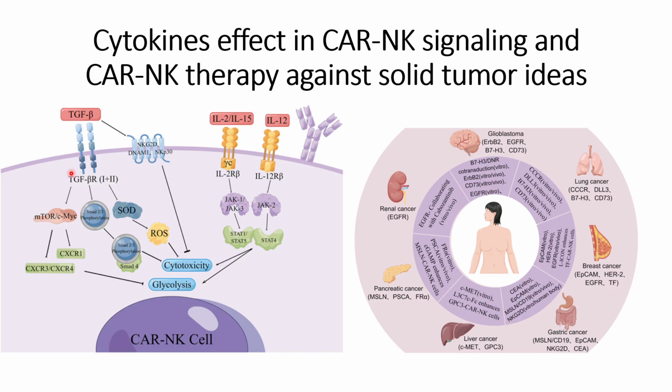TGF-beta can interact with the TGF-beta receptors, either TGF-beta 1 or 2, that are expressed on the CAR-NK cells, and it might trigger different signaling pathways. One of them increases the phosphorylation of SMAD2 and SMAD3, and this complex will then go to the nucleus, where it will interact with SMAD4 and thereby suppress the cytotoxicity of CAR-NK cells against the tumors.